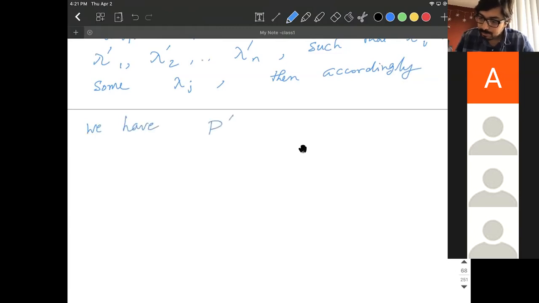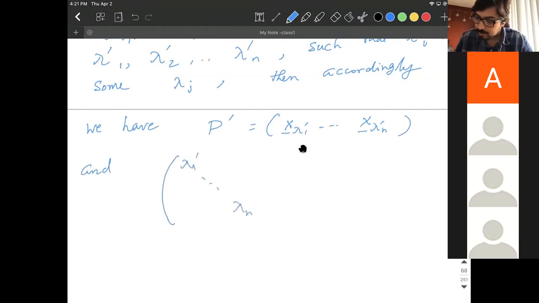So we have a P prime with columns x lambda 1 prime up to x lambda n prime, and then we have lambda 1 prime up to lambda n prime. So this is our new D. So D prime equals P prime inverse times A times P prime.